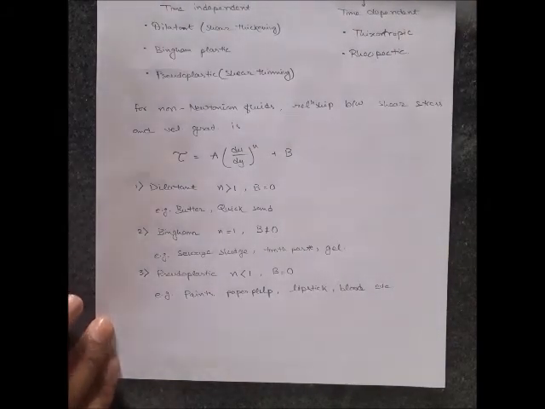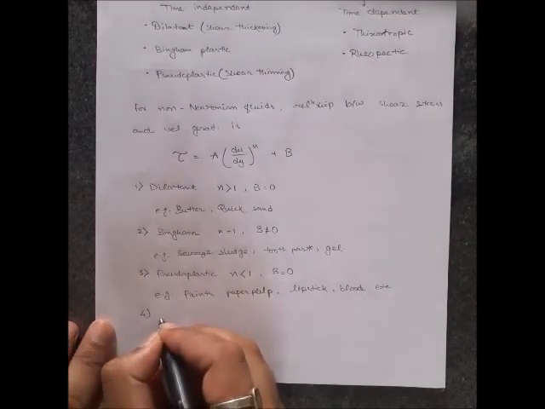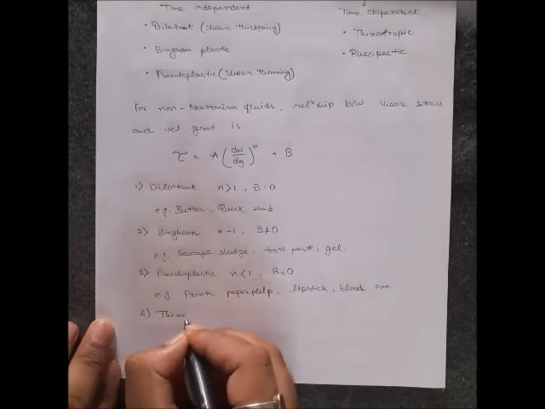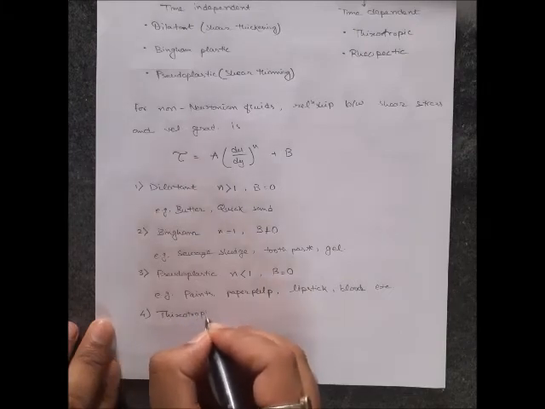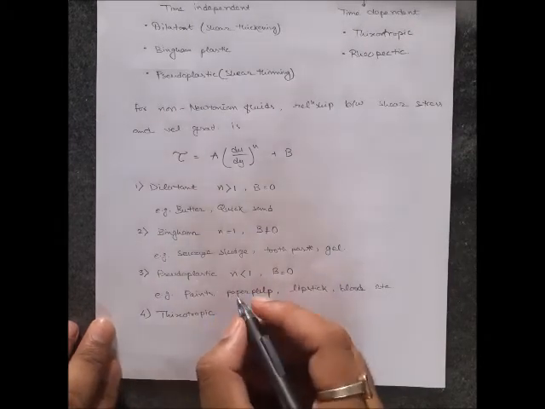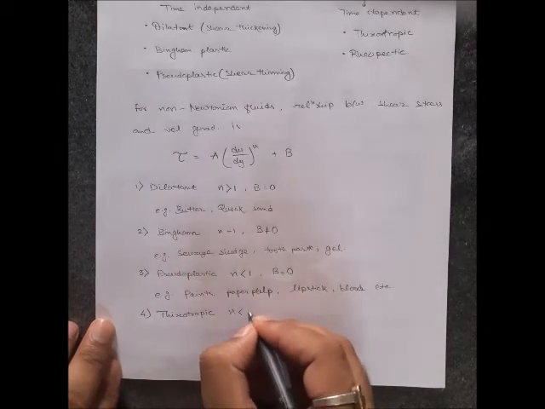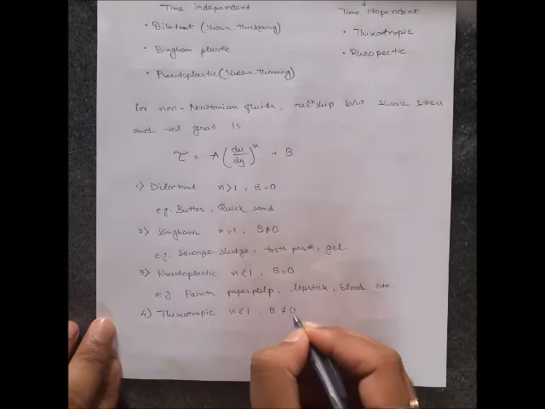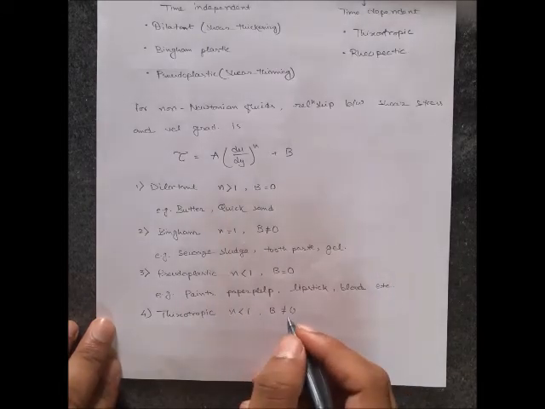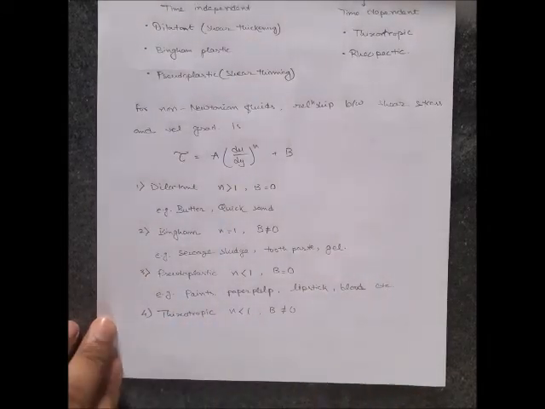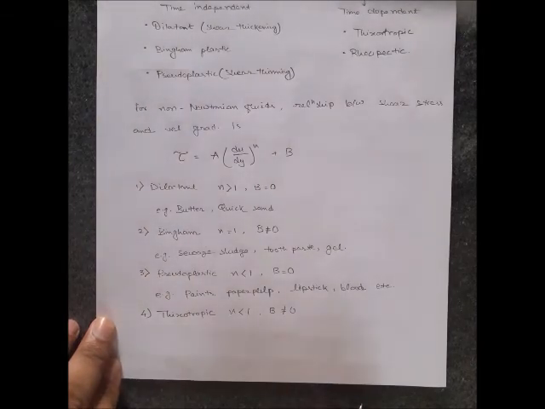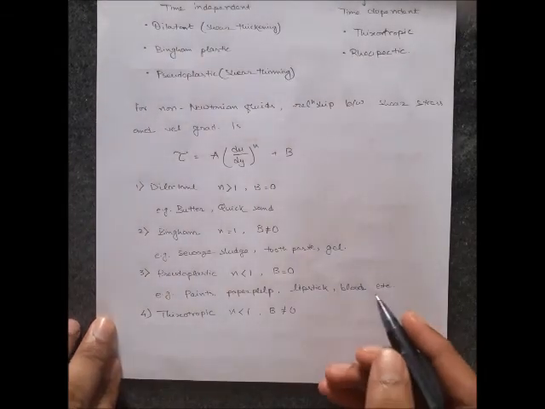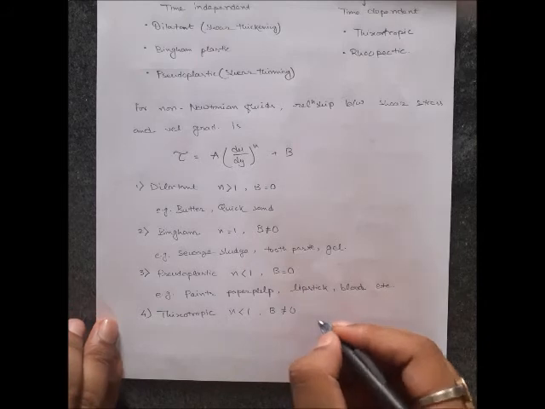And then Thixotropic. Here n is less than 1 and b not equal to 0. In this thixotropic, the viscosity increases with time because this is time dependent.